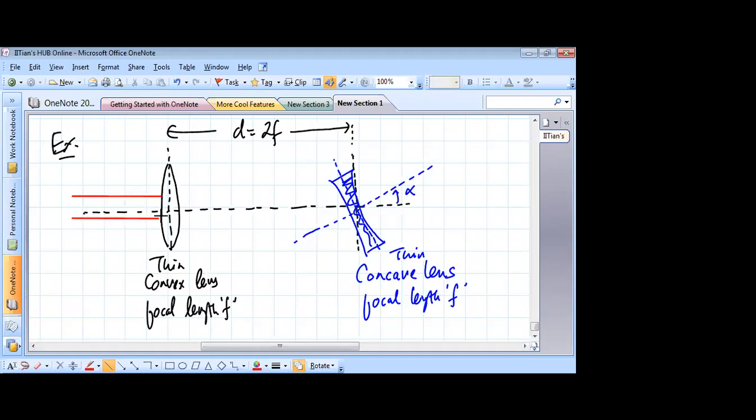So we have light coming from some distant source parallel to the principal axis like this. We have to find the position of the final image. So an observer is somewhere here, let's say. So where is the final image seen?